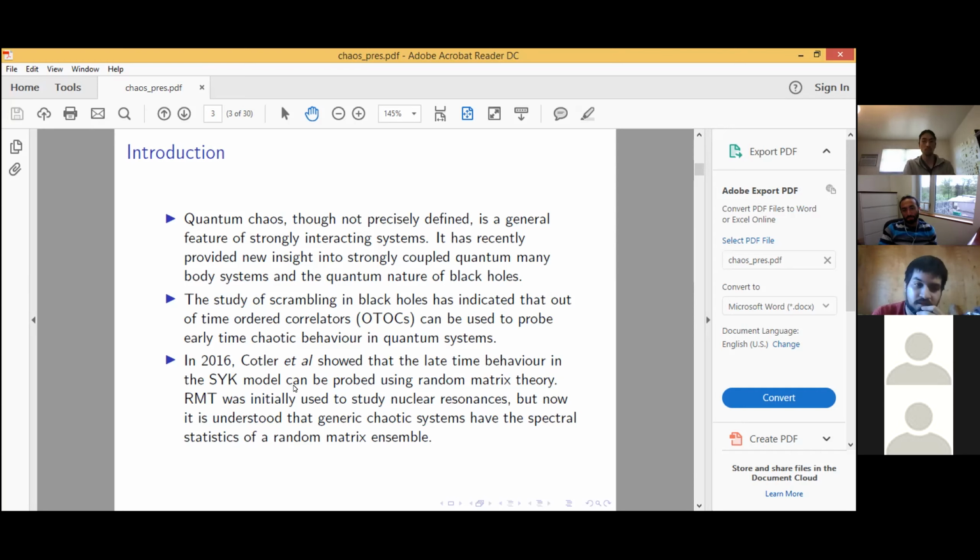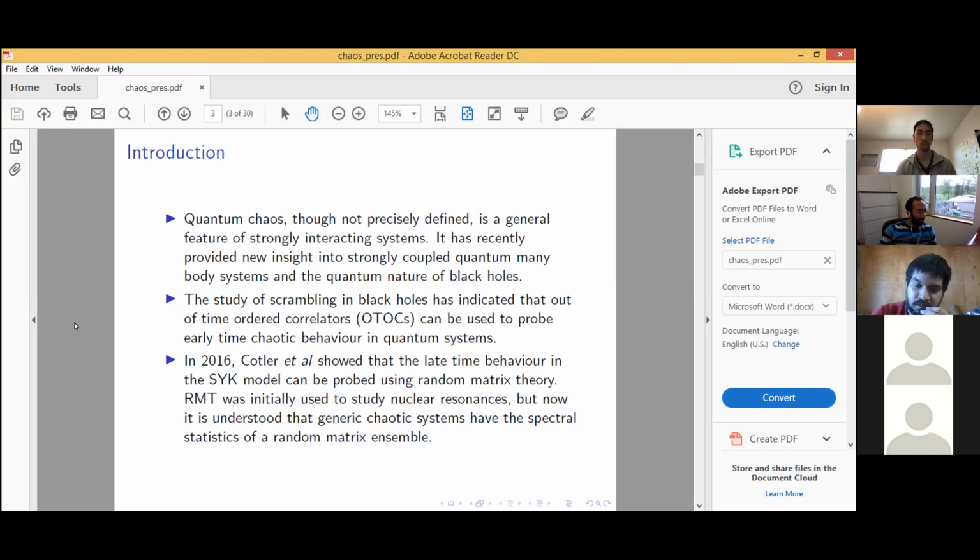Random matrix theory was originally used to study resonances in nuclear physics, but since then it has been extended to various areas such as some research in string theory and quantum field theory, and it is generally understood that chaotic systems have the spectral statistics of a random matrix ensemble.